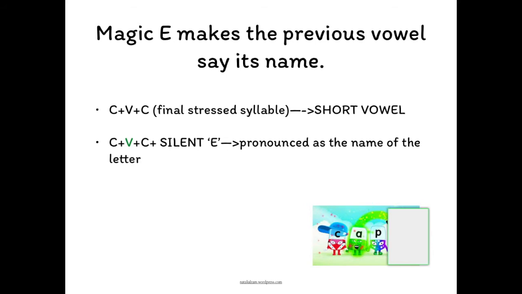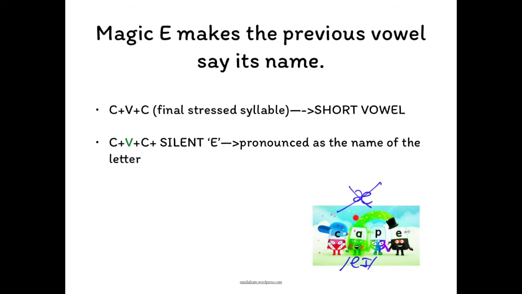However, when at the end of the word you have consonant, vowel, consonant, and a silent E letter, such as in cape, consonant, vowel, consonant, and then this E is silent, what happens is that this silent E, even if it is not pronounced, has an effect on the previous vowel, and the result is that instead of saying a cap, you say cape.